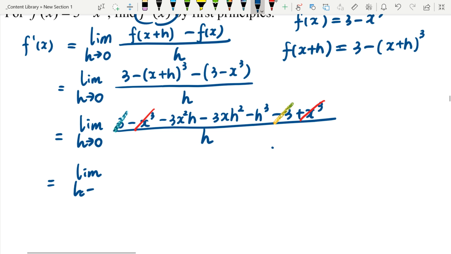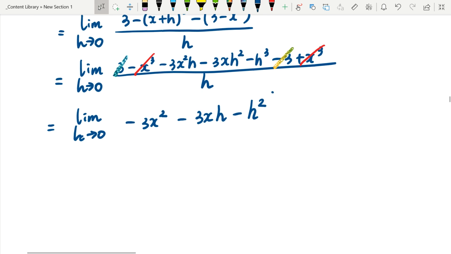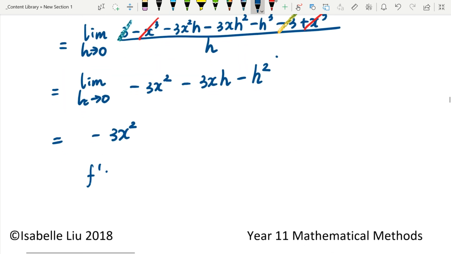That gives minus 3x squared minus 3xh minus h squared. Now I can substitute h equals 0. What is left? So f dash x equals minus 3x squared.